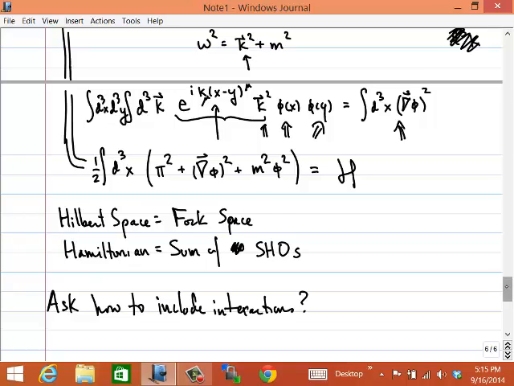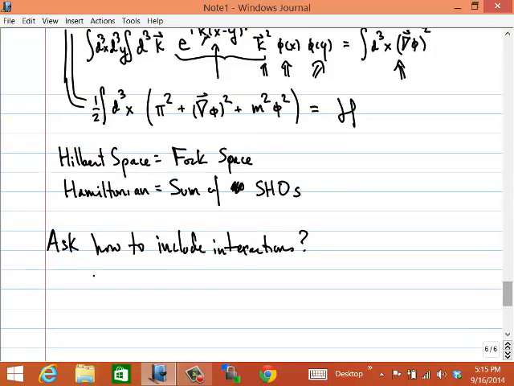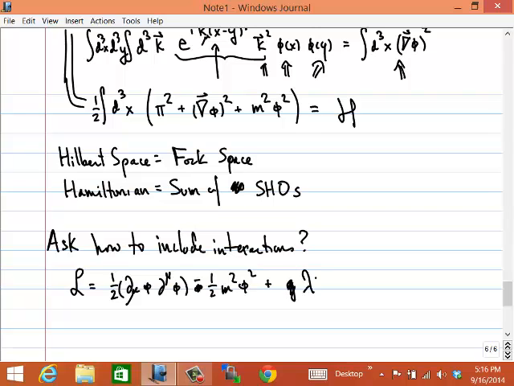So, for example, what would happen if our Lagrangian were not just the derivative of phi squared minus 1/2 m squared phi squared, but what if we included additional terms? So let's say we had a term that looked like phi to the fourth. This is going to be one of our favorite examples over the next few weeks.